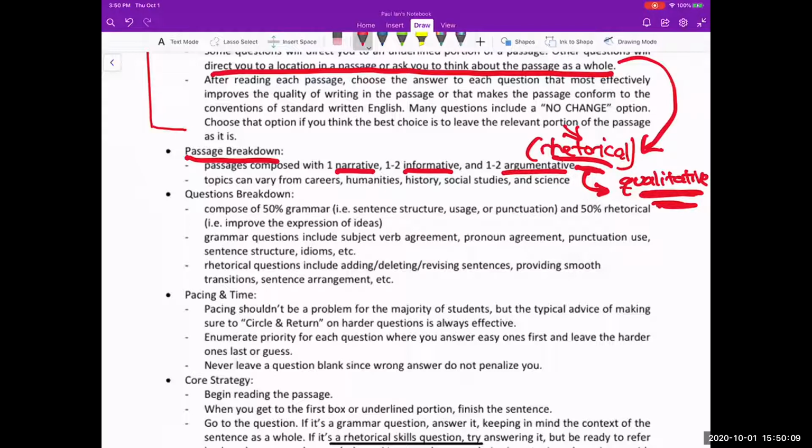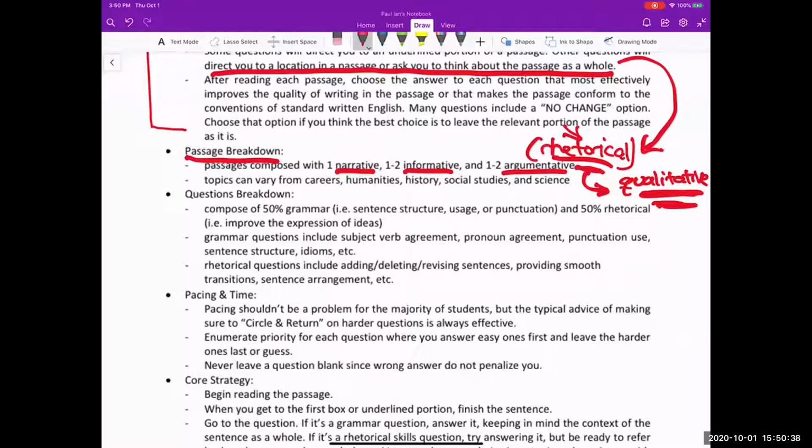You don't really need as much reading comprehension here, but it's always good to practice reading as fast as you can and pinpointing, because if it's a narrative passage, the flow is going to be different from an informative passage, and especially an argumentative one. Maybe they'll provide a thesis statement, and then supporting statements after that.